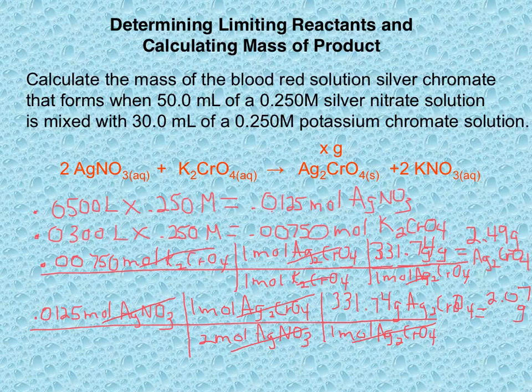And since that's the smaller of the two, this is the answer. We can produce 2.07 grams of silver chromate. And since that is being produced, the smaller amount by the silver nitrate is our limiting reactant. Silver nitrate, limiting reactant.